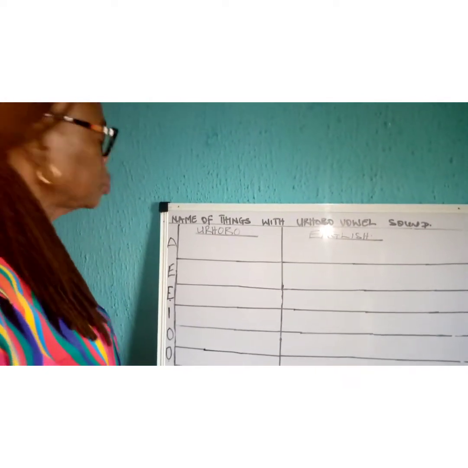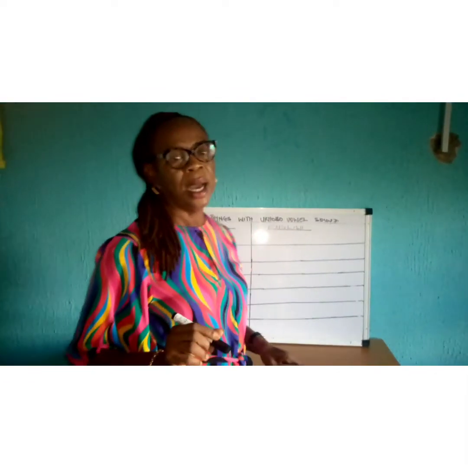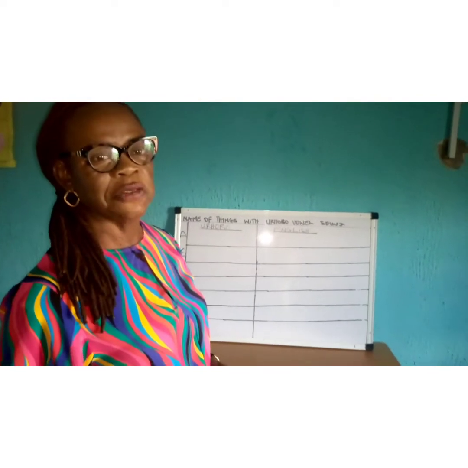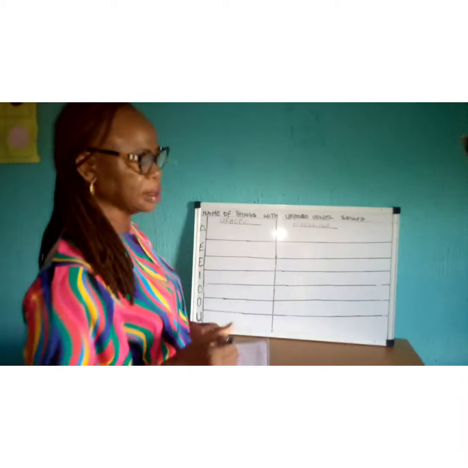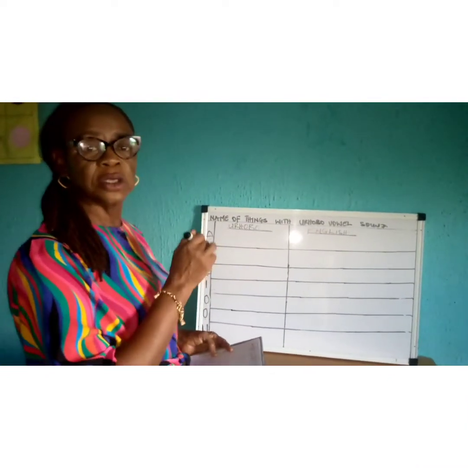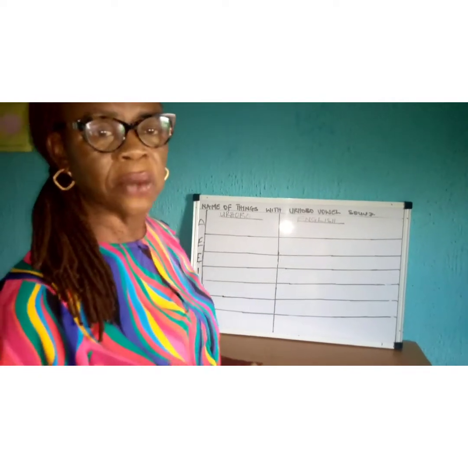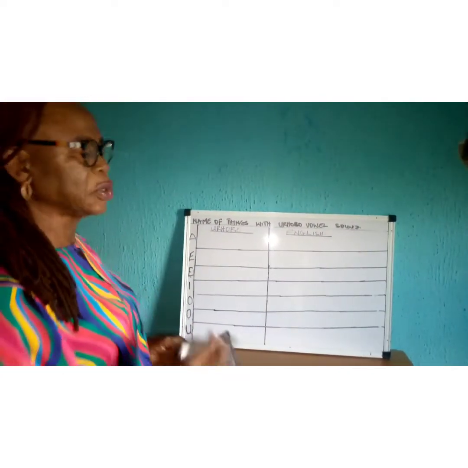And I also want to let you know that all Urhobo proper nouns always begin with vowel sound. As we progress, you discover that all of them begin with vowel sound. So let me write the names of things in Urhobo language and also write them in English language.